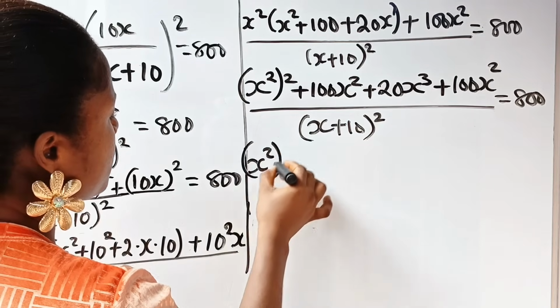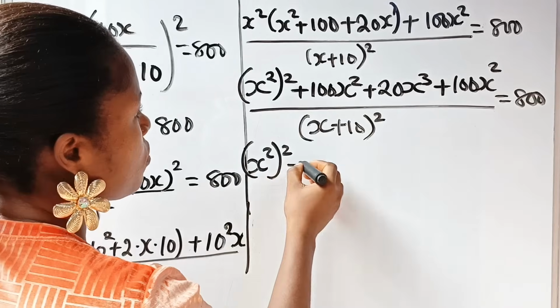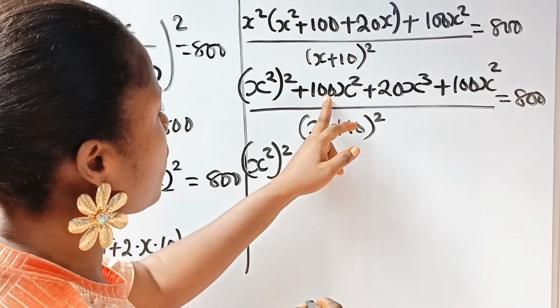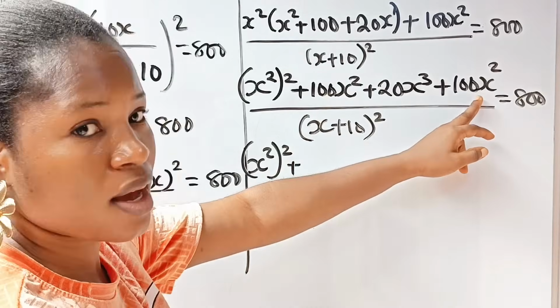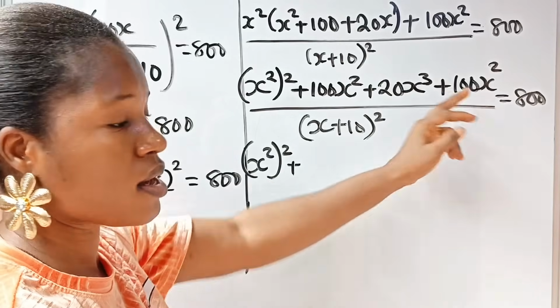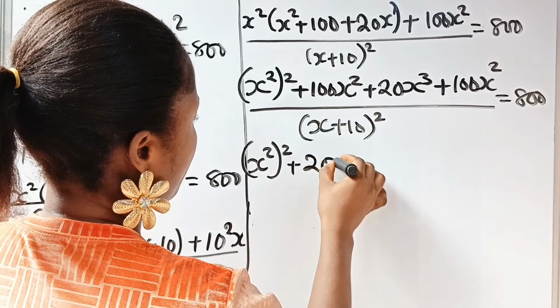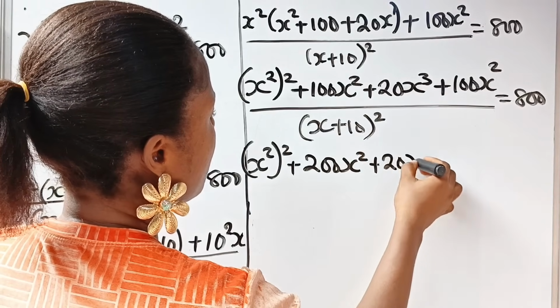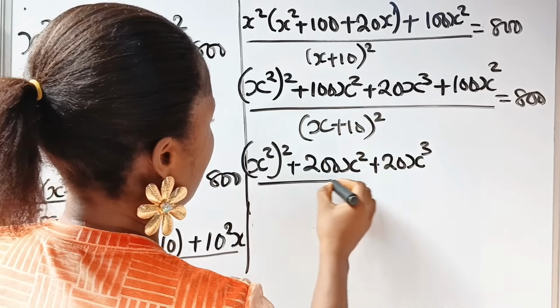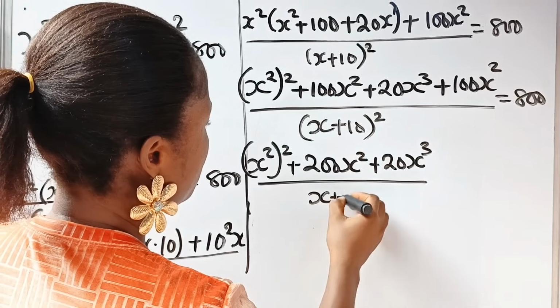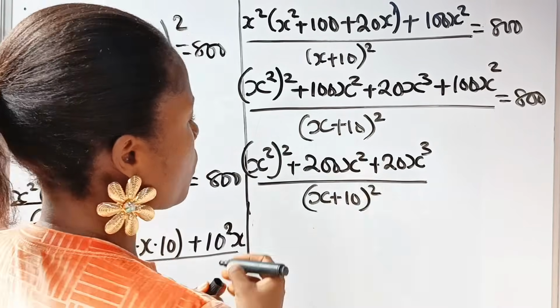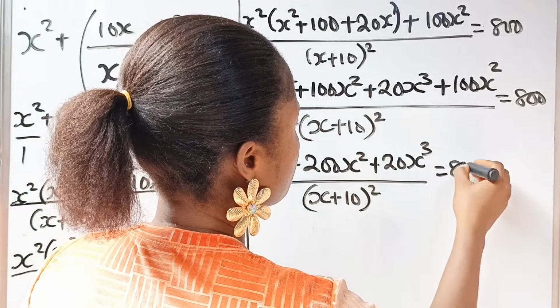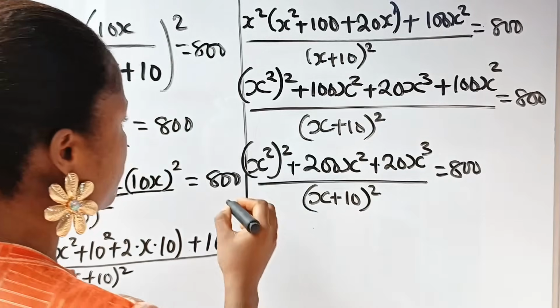Now we have x squared raised to the power of 2 plus, so we have 100x squared plus 100x squared, which is 200x squared, plus 20x to the power of 3, everything divided by x plus 10 all squared is equal to 800.